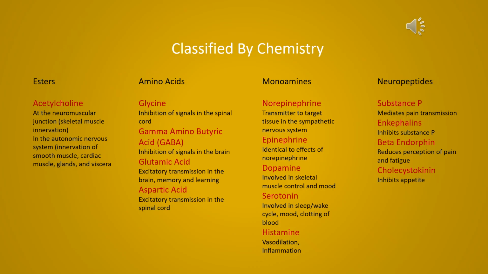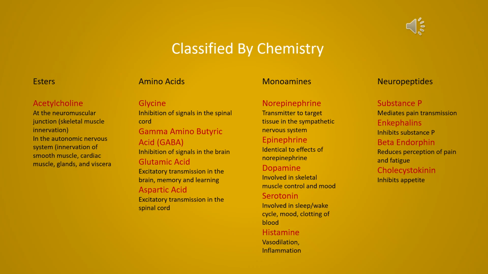Okay, the next chemical class there, the neuropeptides. Well, these also are amino acids. They just happen to be bound to each other. That's what we call a peptide, amino acids bound to amino acids. So we have neurotransmitters such as substance P, which mediates the transmission of pain signals.